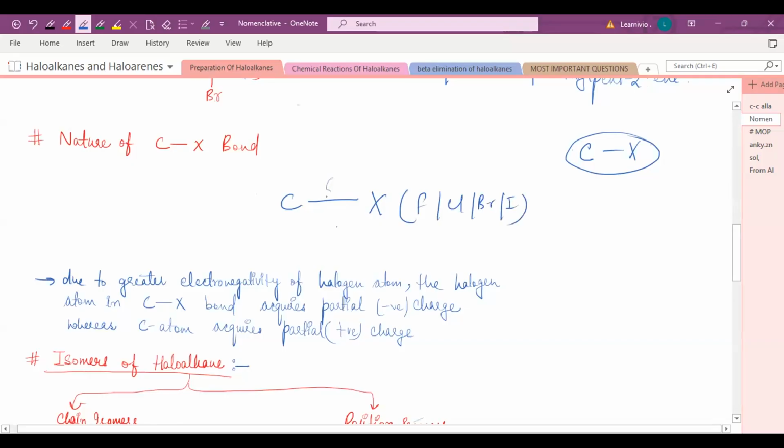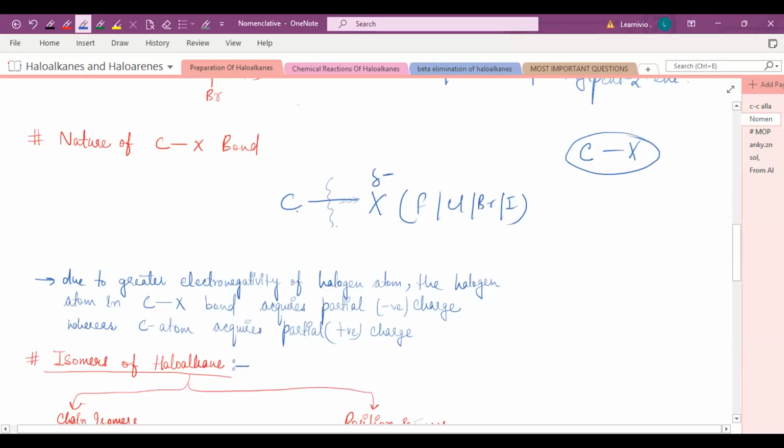Due to the high electronegativity of the halogen atom, this halogen atom has a tendency to pull all the electrons towards itself. वो अपनी तरफ सारे electrons pull कर लेता है. Why? Because it has a high electronegativity. So halogen is more electronegative than carbon. Always halogen पे क्या आएगा? Negative charge.